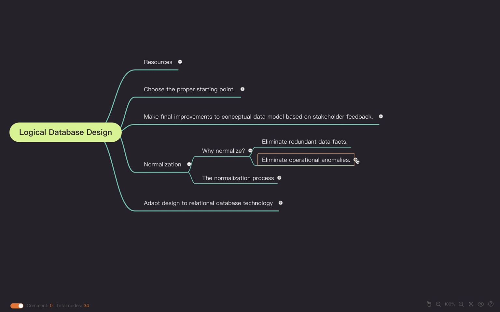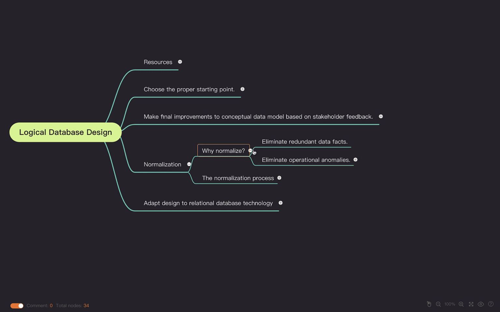Now the principles for those designs might be similar, but they won't be exactly the same as the logical database design that we're doing for a relational database. So the principles that we're talking about here apply in particular to the design for a relational database. Okay.